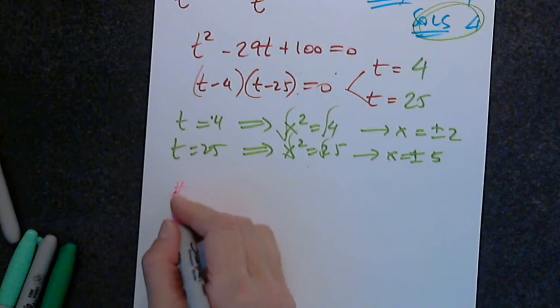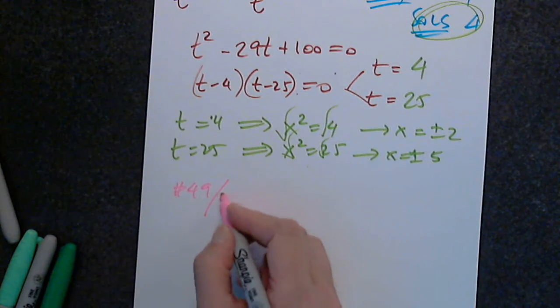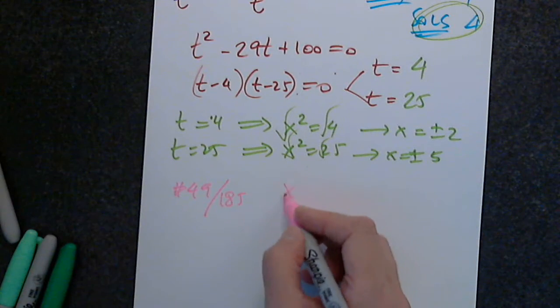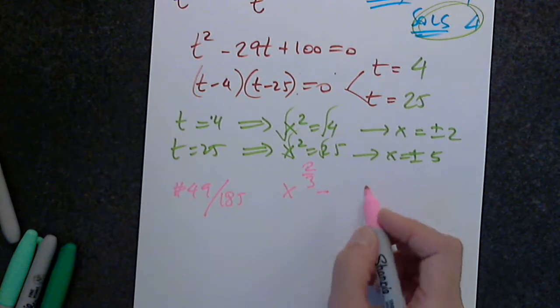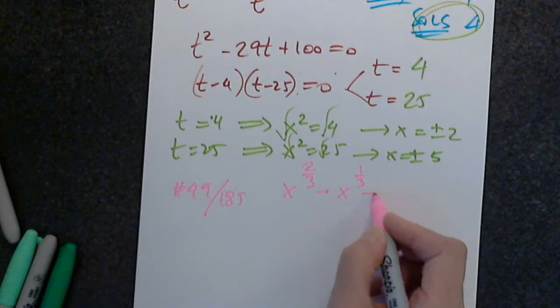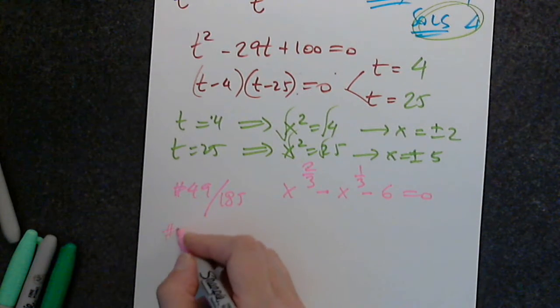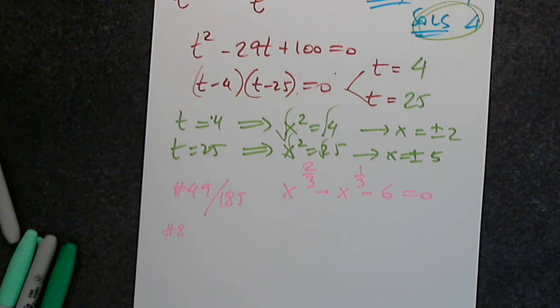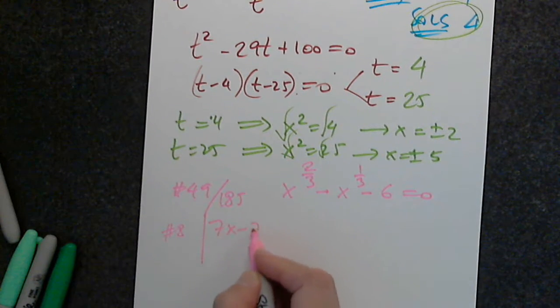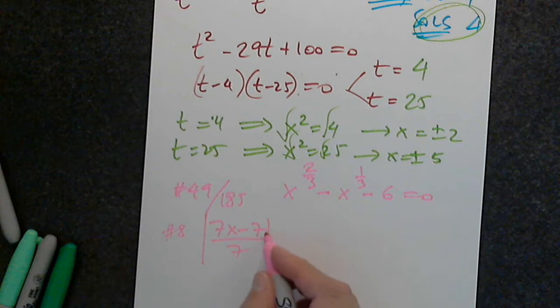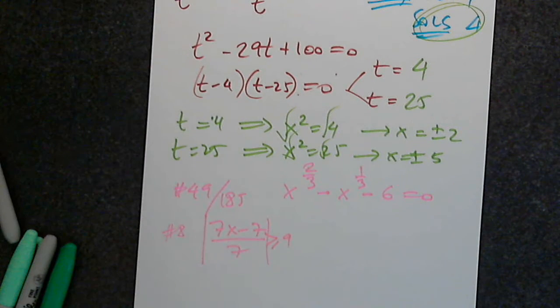I don't think we did 49. So it's 49 on page 185, and that is x to 2/3 minus x to 1/3 and minus 6 equals 0. And then problem 8, what was problem 8? Yes, the absolute value of (7x minus 7) over 7 greater than or equal to 9. Good.